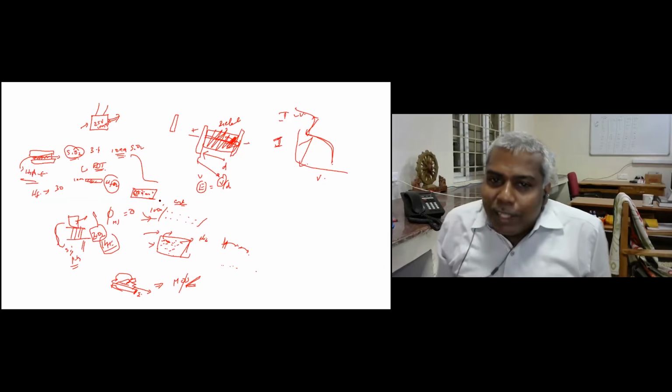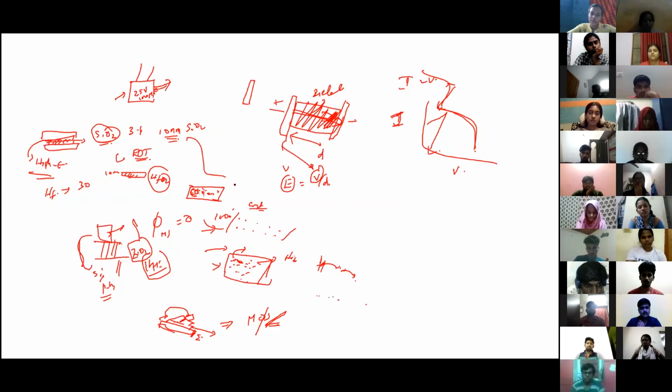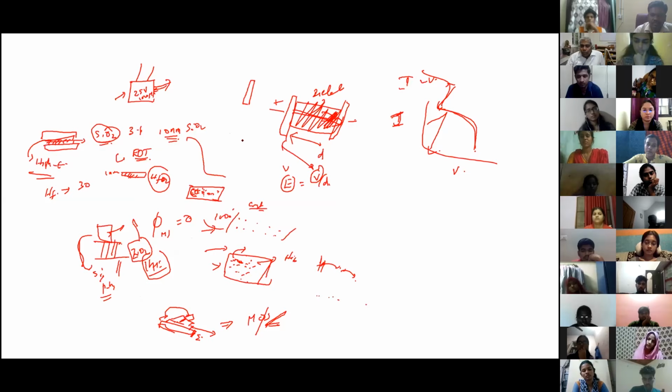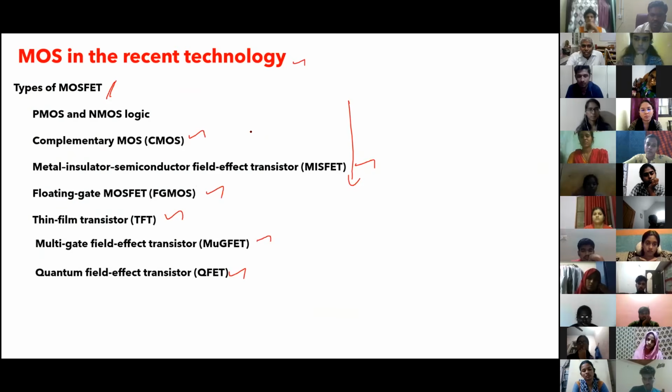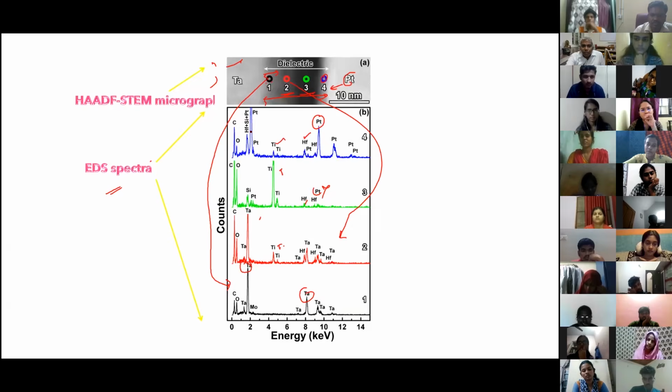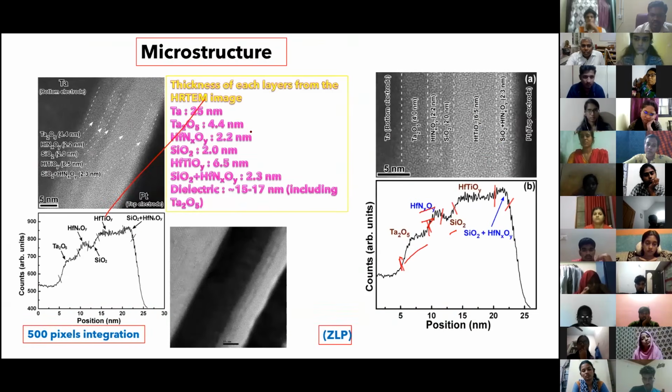So people have attempted many types. I have shown you a capacitor with many layers, like this. This is also an attempt to avoid the leakage current. The ultimate aim is to get a high dielectric constant and low leakage current density.